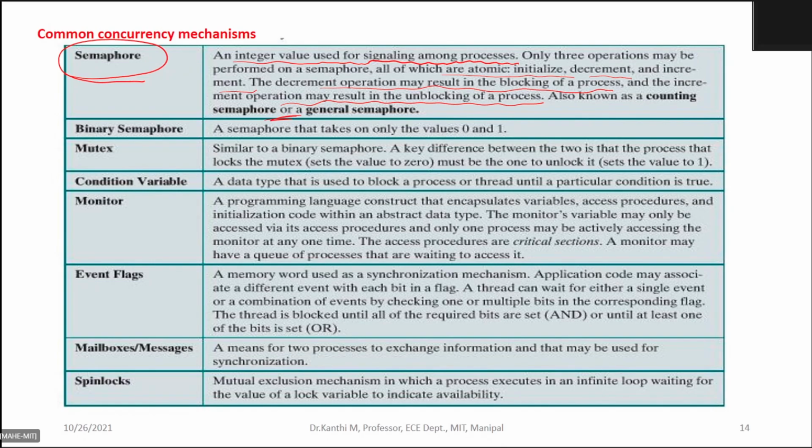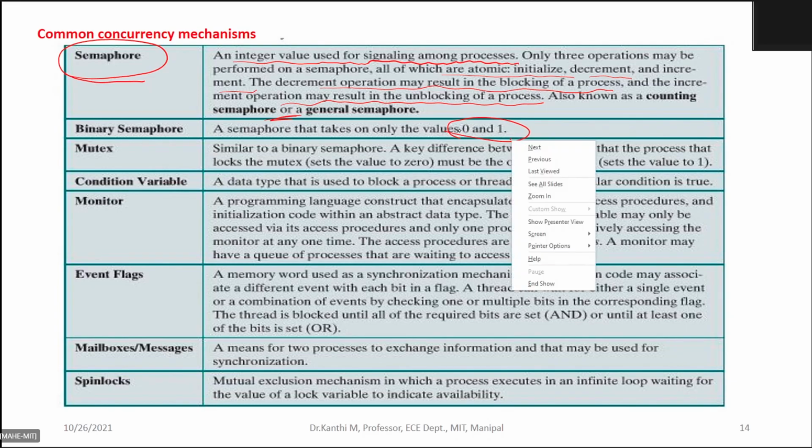In a binary semaphore, you have either 0 or 1. 0 means the semaphore is not available, 1 means the semaphore is available. Look at the semaphore, if it is 1, immediately you catch hold of it, and whoever has the semaphore can use the resources. And another process can unlock it.